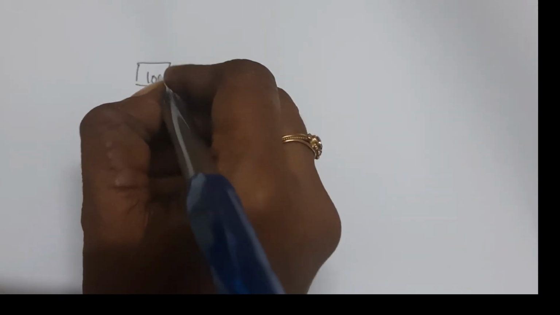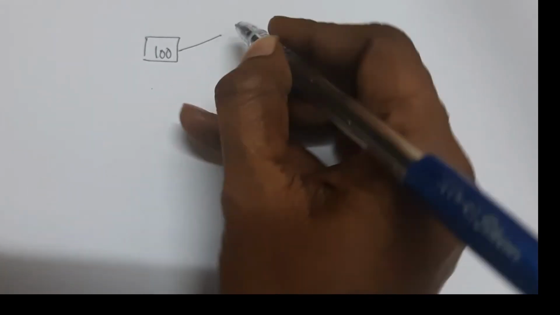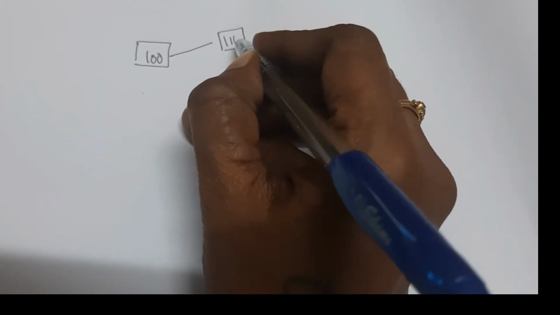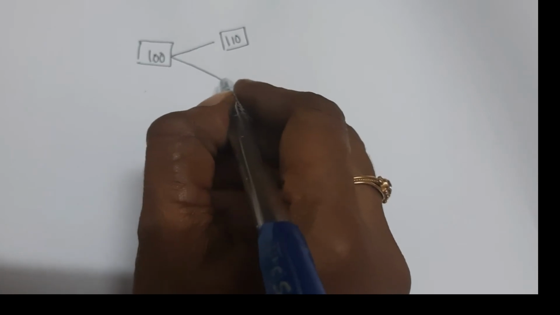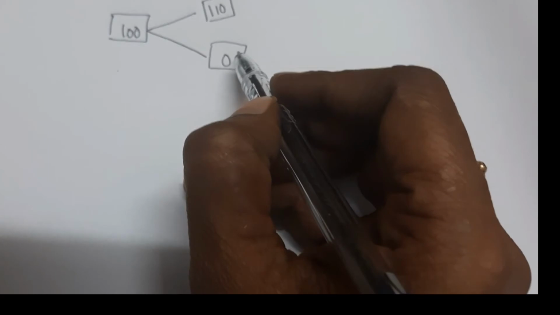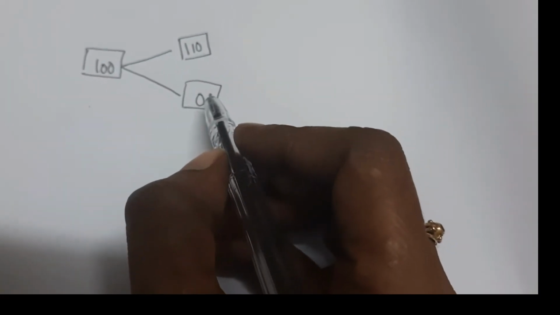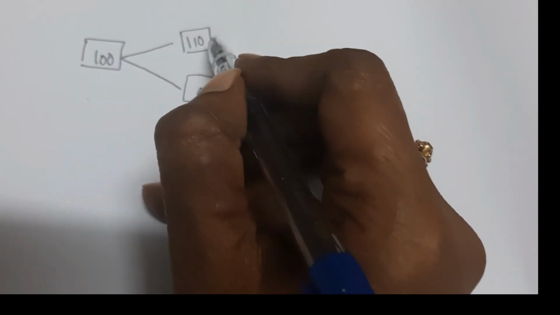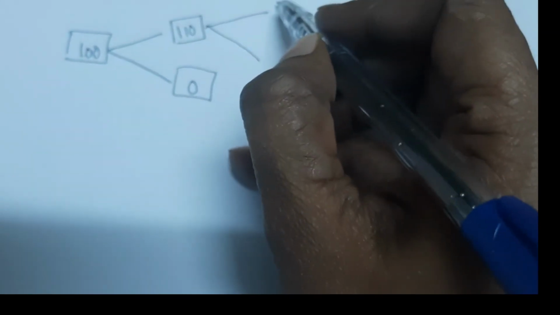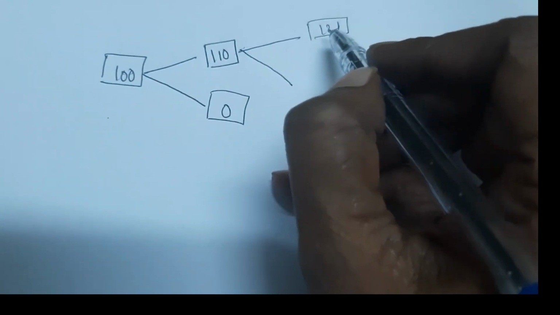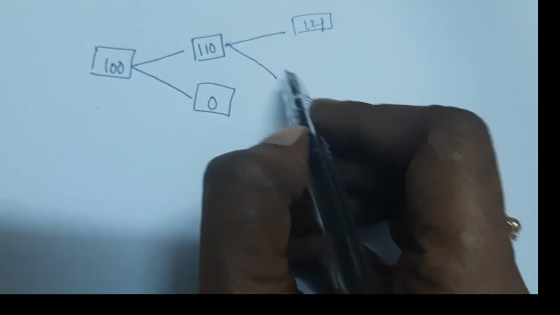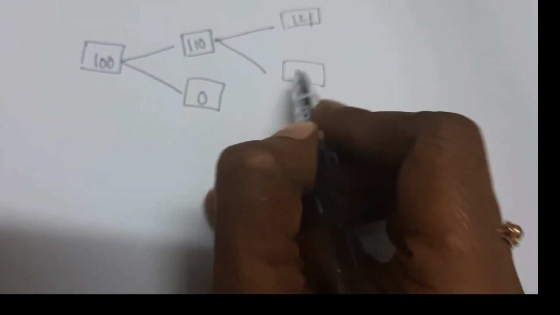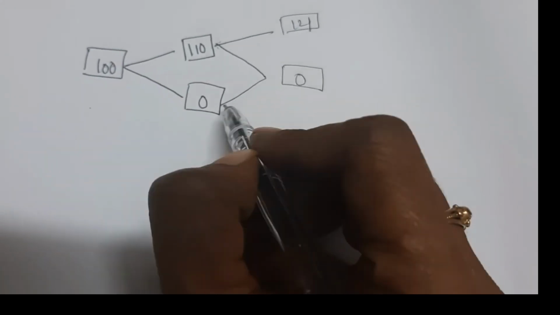Therefore, we need to draw another tree to represent the sequence of operations. Initially it starts with 100. If it increases, the price will become 110. If it falls down, we are not going to exercise the contract, so the option price will become 0. Then in case of 110, in the second period, if it increases to 121, we will exercise the contract. If it falls down, the value is 0 again.